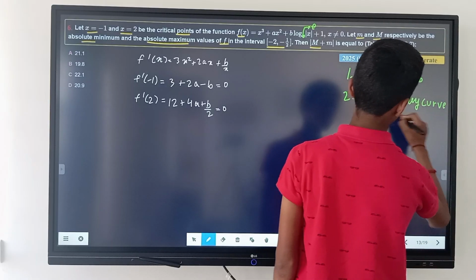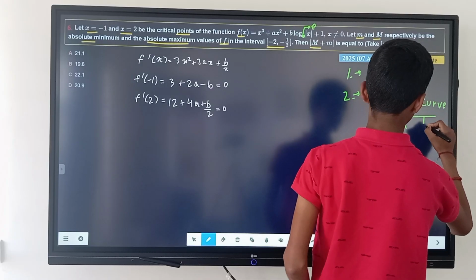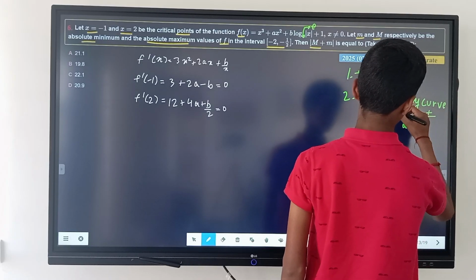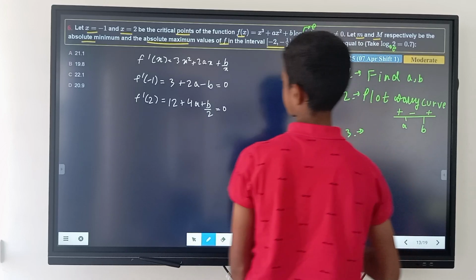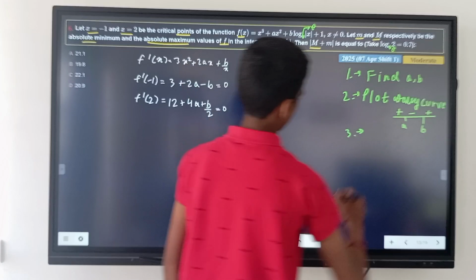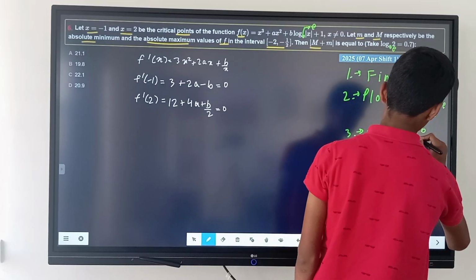Wavy curve is we plot like this, plus minus plus minus. That is a wavy curve, plus minus plus like this. And the third step will be find capital M and small m.